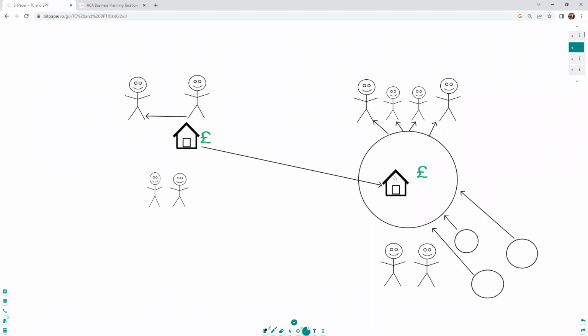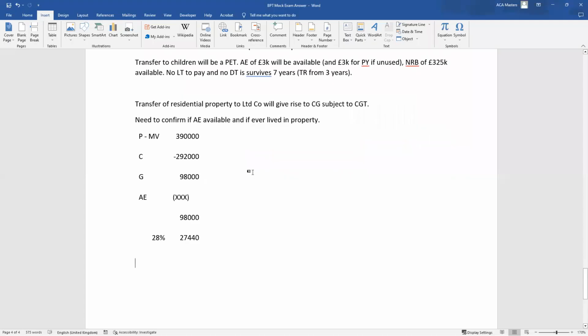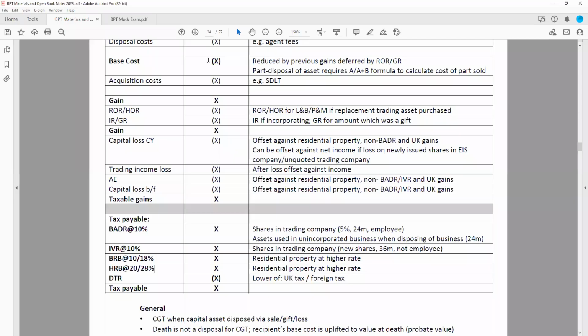So would there be any other taxes which are relevant? Well, of course, stamp duty would be payable by the company. So stamp duty land tax payable by the company. And you could go through and you could go to Hardman's and get the rates and work out exactly what the stamp duty would be on that property.